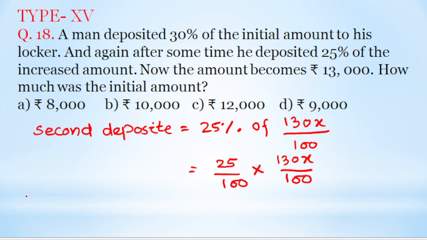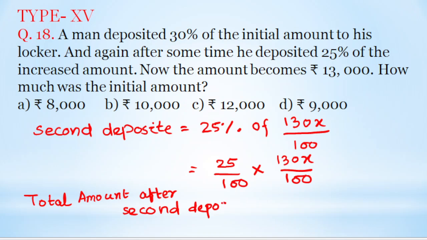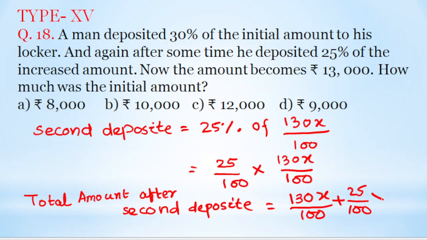So the total amount after the second deposit is equal to 130x by 100 plus 25 by 100 into 130x by 100.